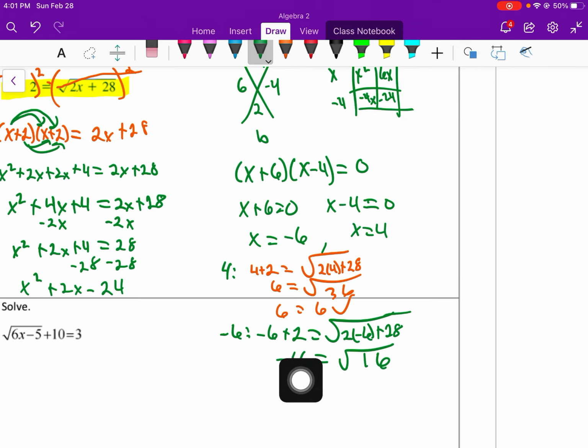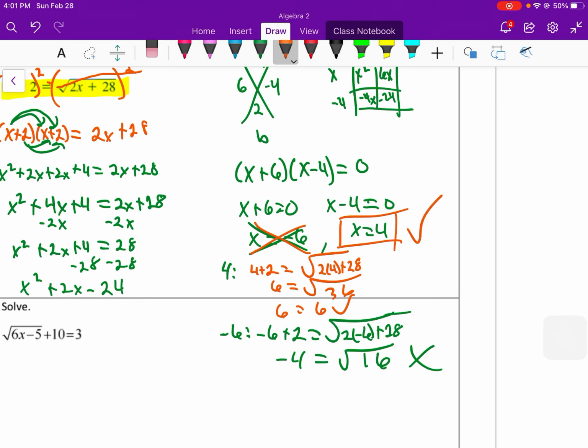We have a square root set equal to a negative number. So that tells me that this is an extraneous solution. So we can put an x through this. This is my one real solution. That's how we're going to go through and check that.